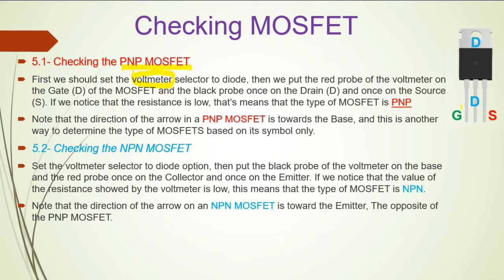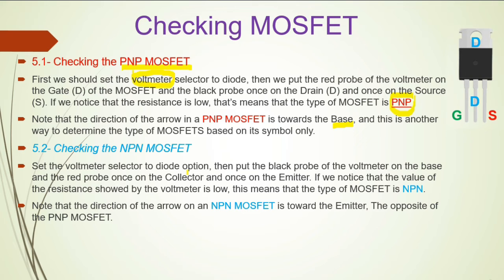So if we put the red probe of the multimeter on the gate and the black probe once here and once here, and we note that the resistance shown on the voltmeter is low, that means that the type of this MOSFET is PNP. Note that the direction of the arrows in a PNP MOSFET is towards the gate.